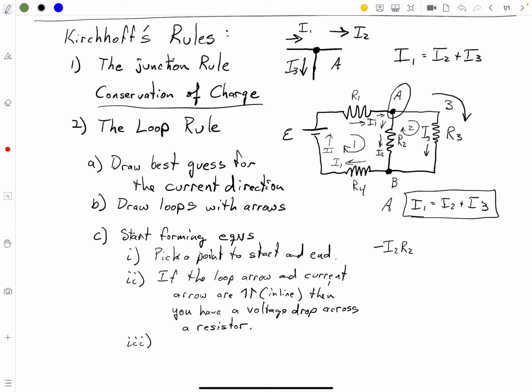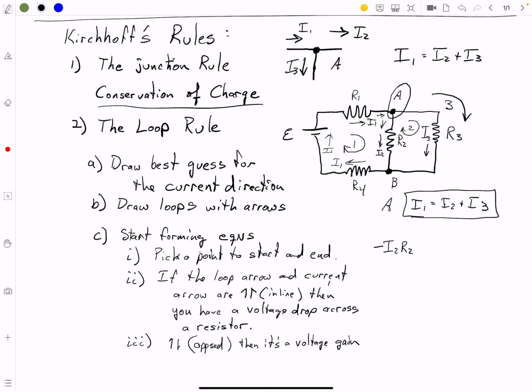You keep on going with these things. If the loop direction and the current are opposed, if they're anti-parallel, opposed, then it's a voltage increase, or gain.